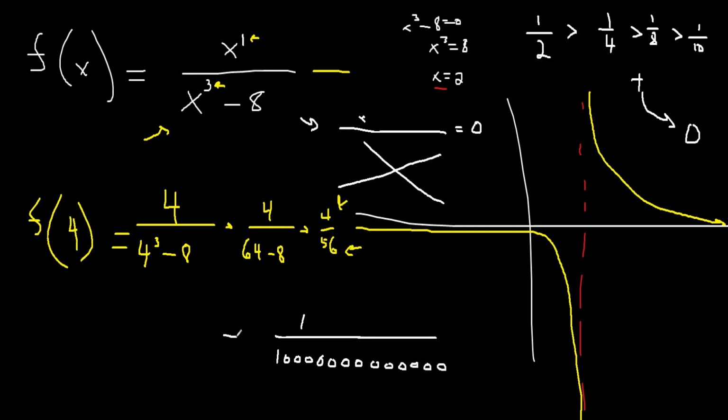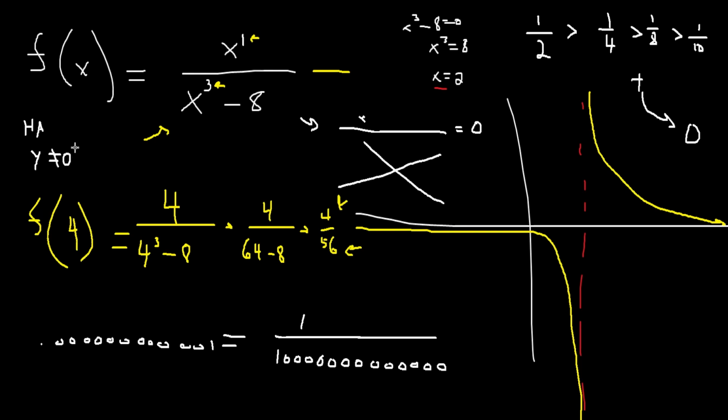So like this guy is the same as point, and then a lot of zeros, and then at the end I put a 1. So it's not 0, but it's really, really close to 0. And that's why whenever the powers are like this, we have a horizontal asymptote of y equals 0.